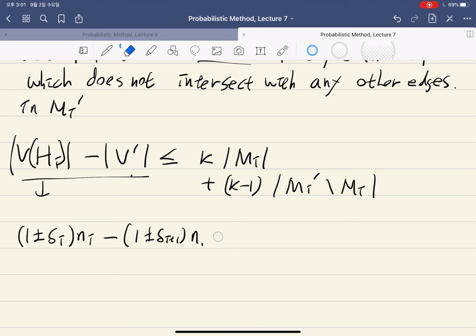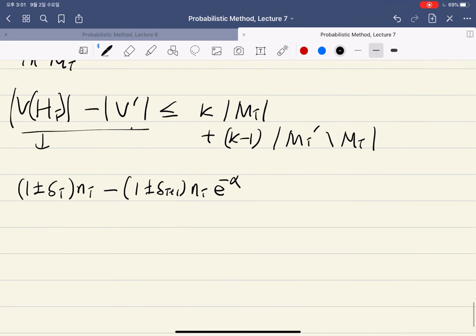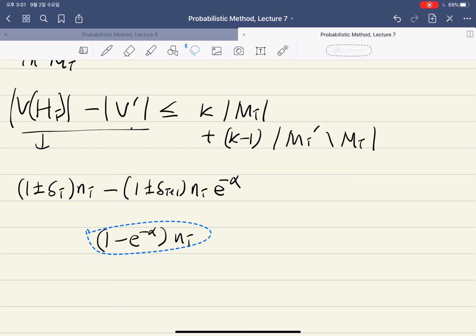Which is ni times e to the minus alpha. So this left-hand side is nothing but 1 minus e to the minus alpha times ni. It's a lower bound, so we take the lowest one. Then 1 minus 2 delta I plus 1.